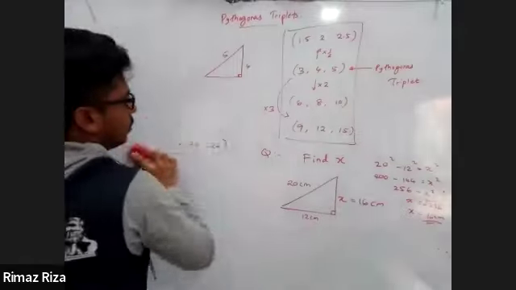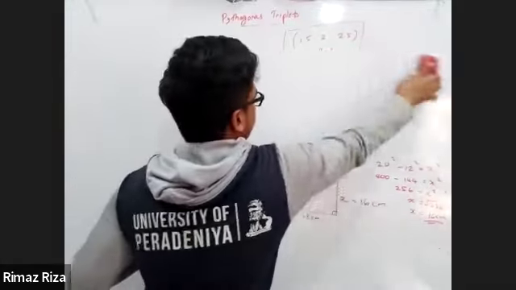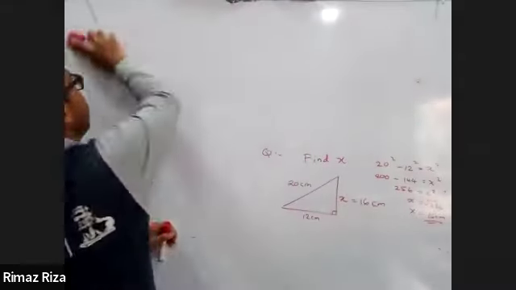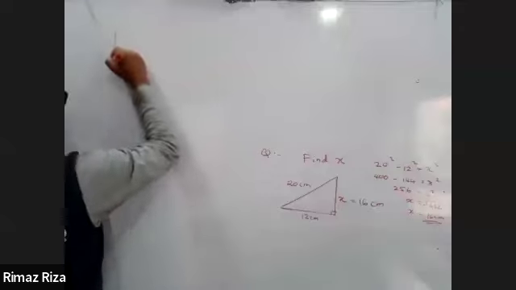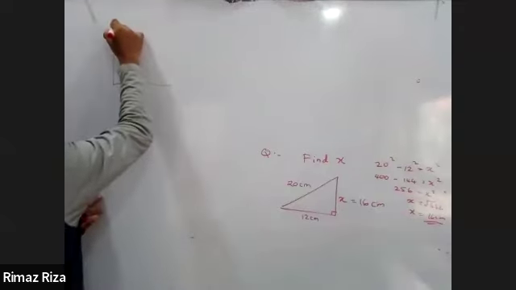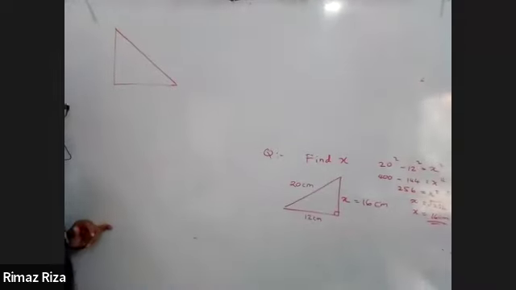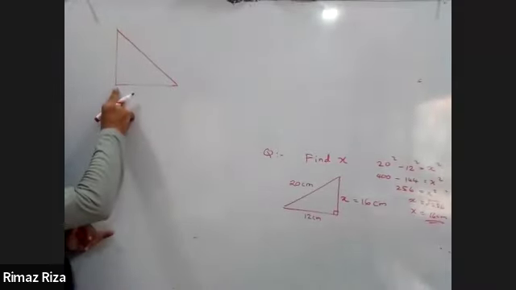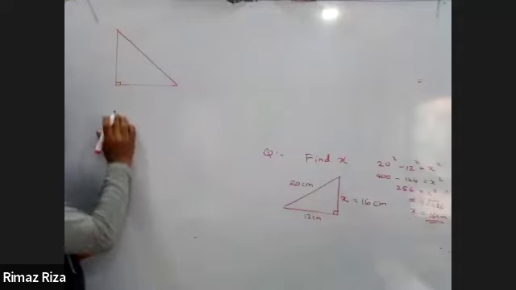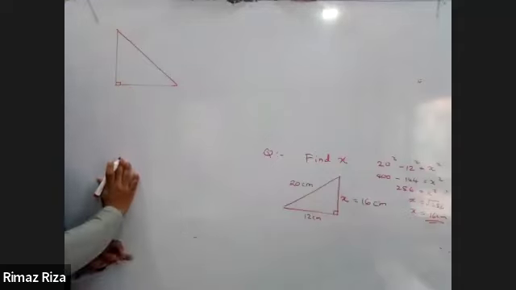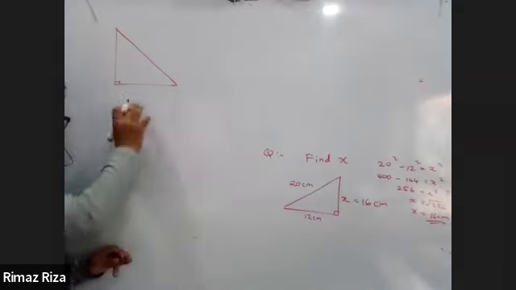Okay. So then next, let's say we have a right angle triangle. Right angle triangle means what? This angle is equal to 90 degrees. Okay. Yusuf, you can write. I give you time to write.